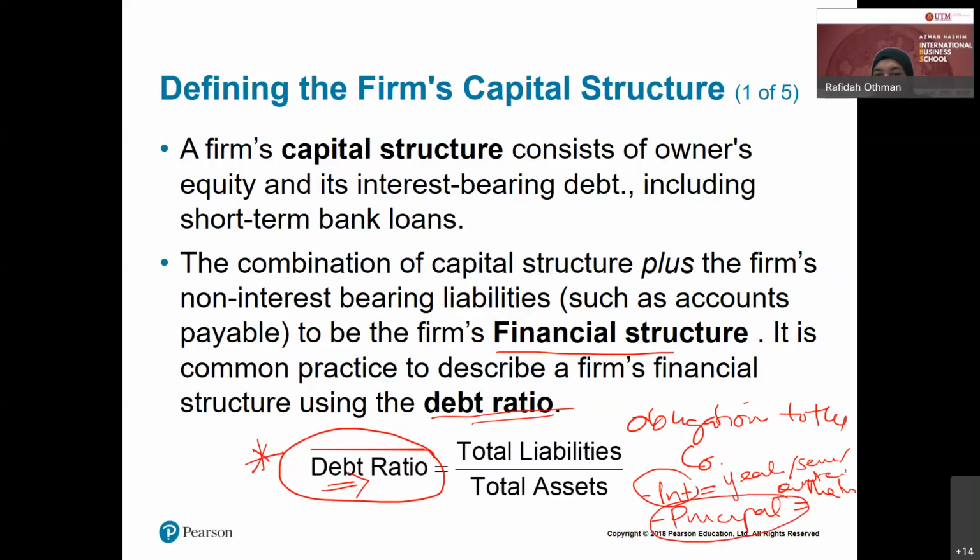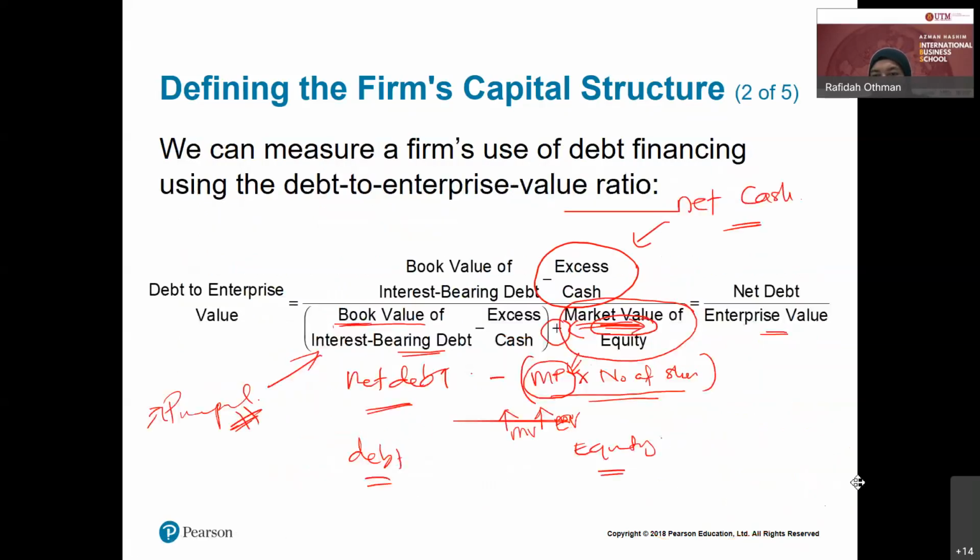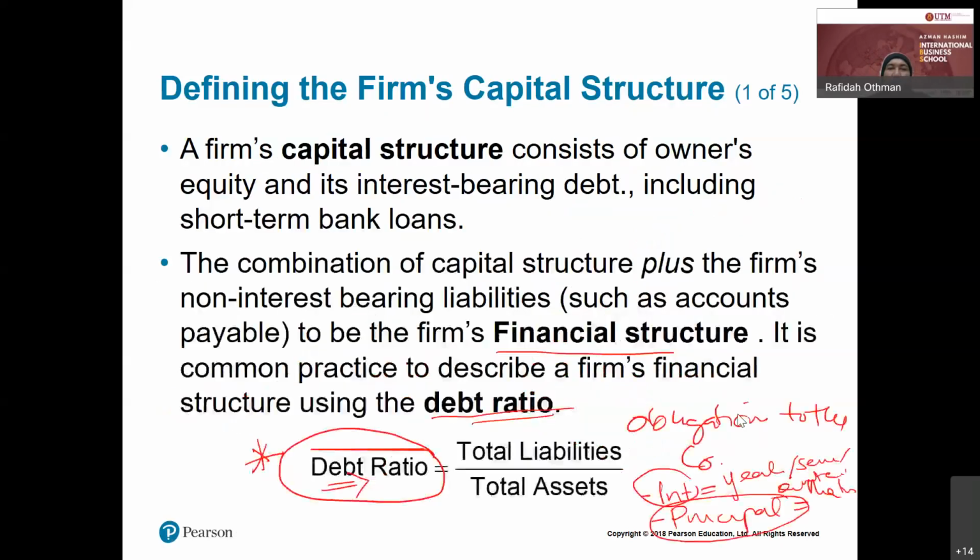What is important is how you look at your debt ratio with respect to the assets of the company. How much of your total asset is being financed by liabilities? That's why we call it a debt ratio.